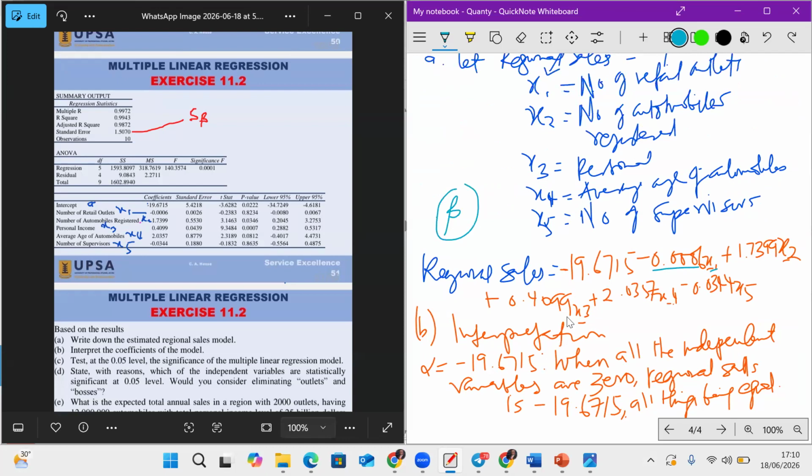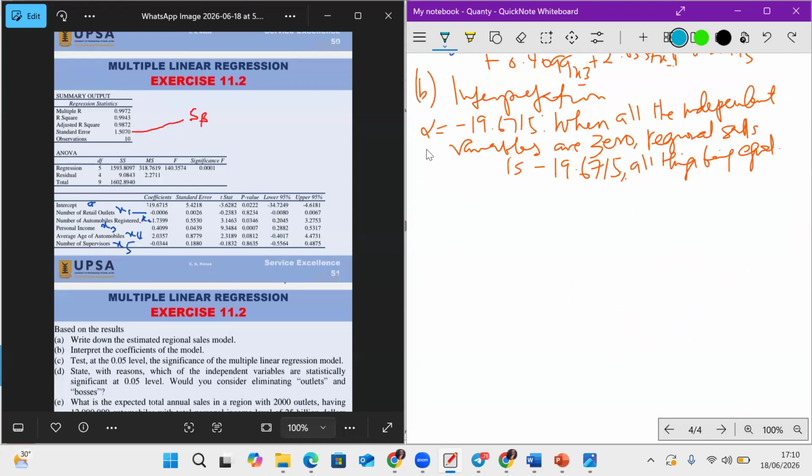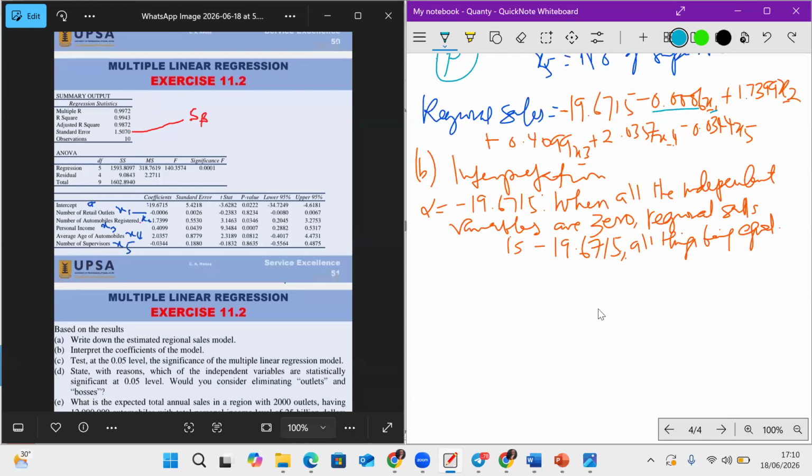Pay attention, it's not difficult. So I've interpreted the A, right? The next one is the B. Beta coefficient 1 equals, what is the coefficient for x1? Negative 0.1236. Then we say, what does x1 stand for?